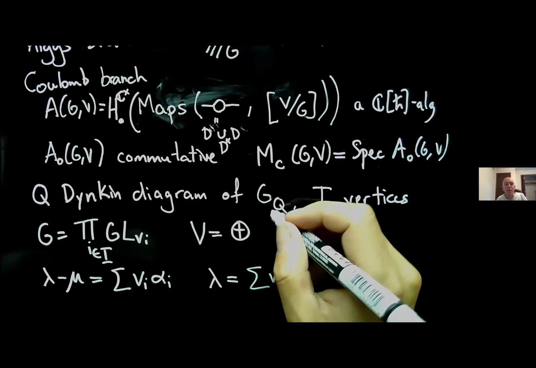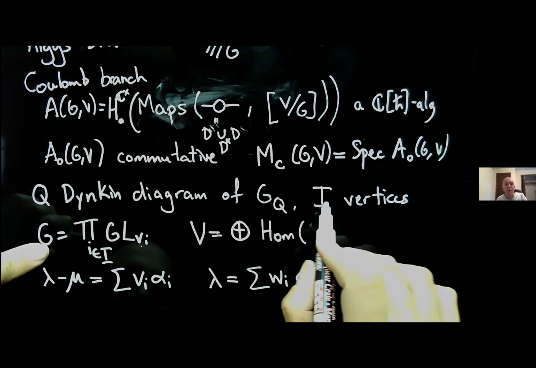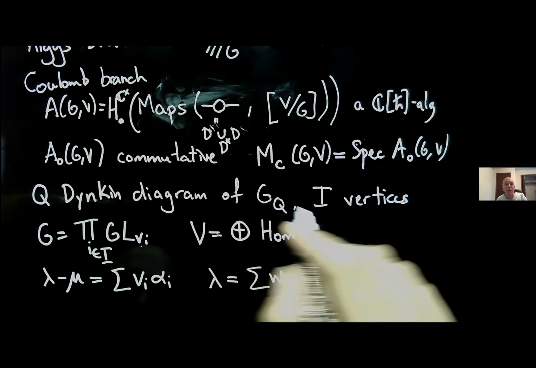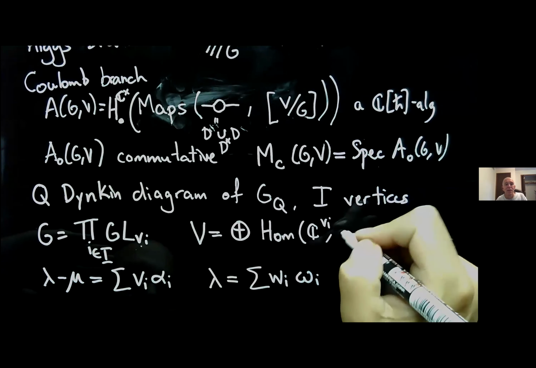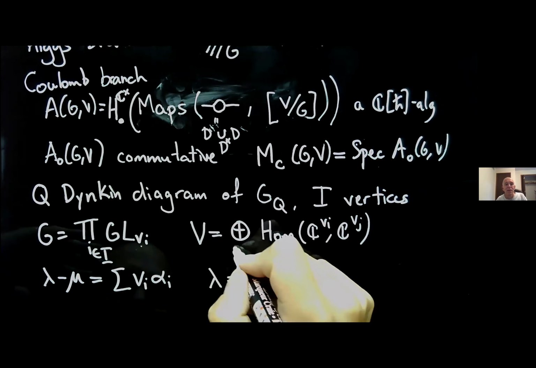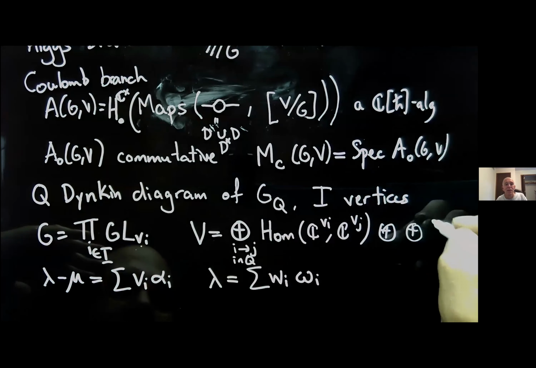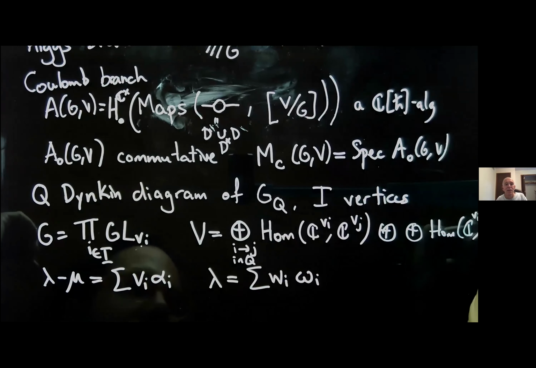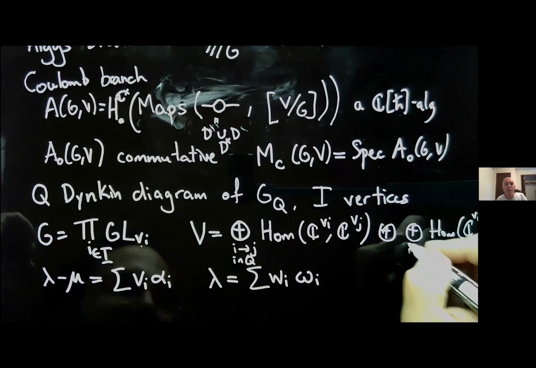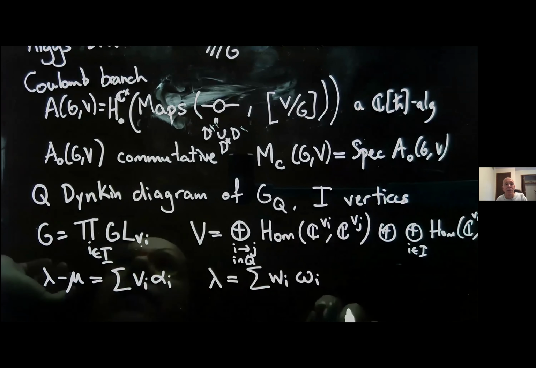So you put Homs between these vector spaces corresponding to this Dynkin diagram, to this orientation of the Dynkin diagram, Hom(V_i, V_j) over all edges i to j in Q. And then also there's a framing part. Maybe you can't see this, but it doesn't matter too much. Hopefully you can just barely see that. Okay, so that's the definition.